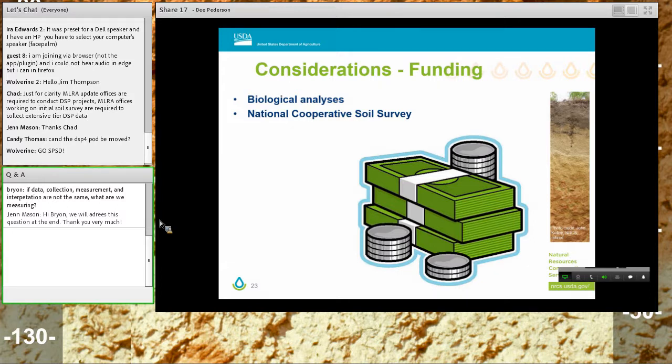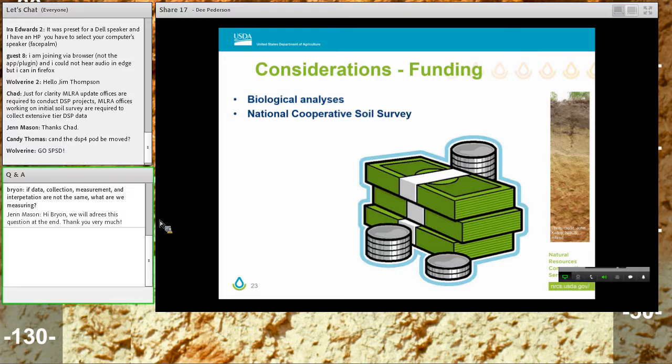Soil test results are used in conservation practice implementation to address the resource concern. So producers interested in this standard are prime candidates for DSP projects. It just requires communication between the MLRA survey office and the state, the field office staff, the program staff, whomever. Soil health funding has increased in recent years as well.